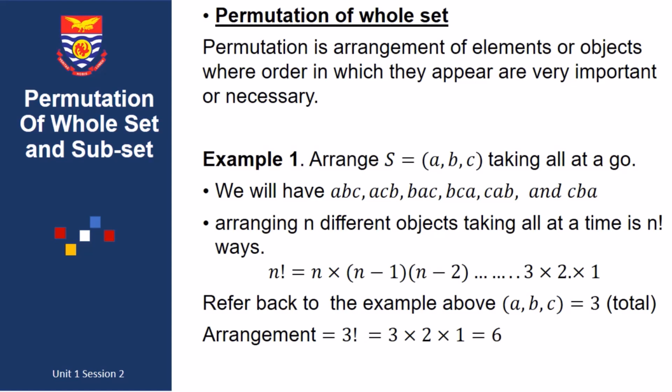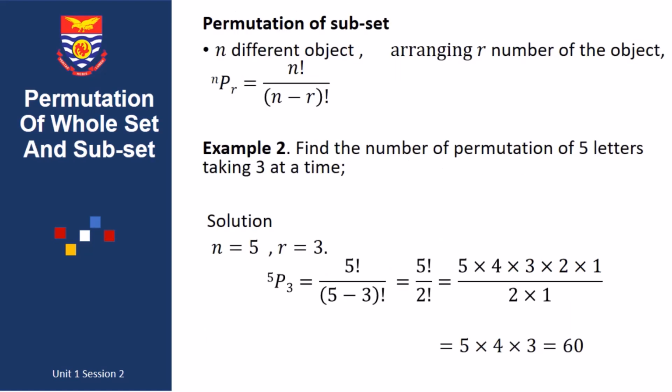Let's make progress. What if you want to talk about permutation of a subset? Now, suppose we have n different objects and we are to select r number of them, or arrange r number of them at a time. Then this could be written as n permutation r.